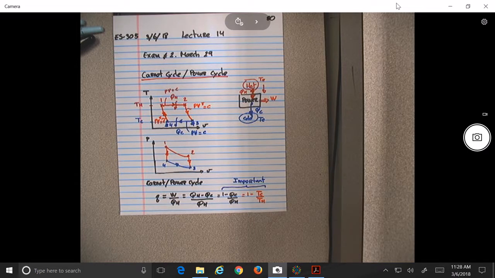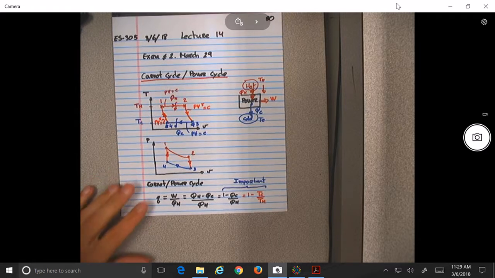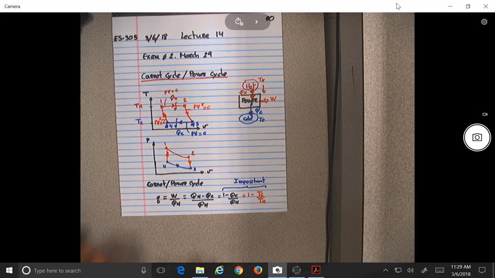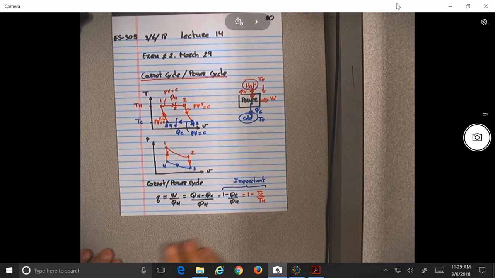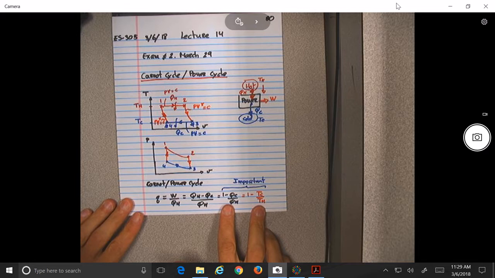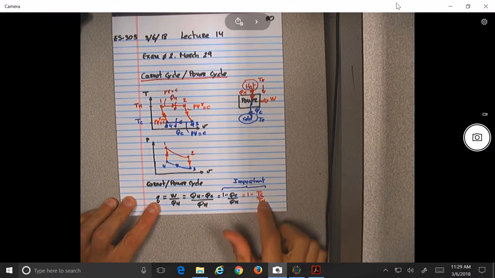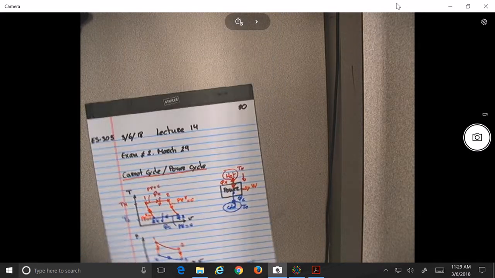It's probably going to take us the whole class. All right, so let's go. And I might sometimes use a pen that I found here, might be easier for you to read. Okay, so today's goal is to prove this relation over here. That the efficiency, we know is equal to this, but that is equal to what is here in orange. Okay, so there we go.